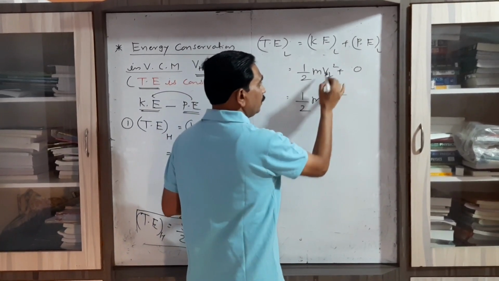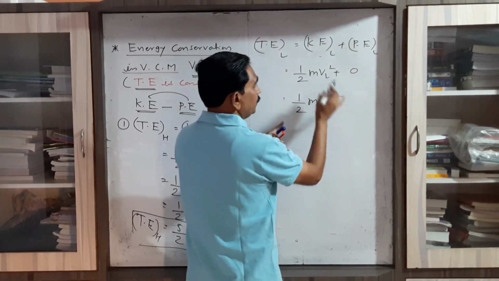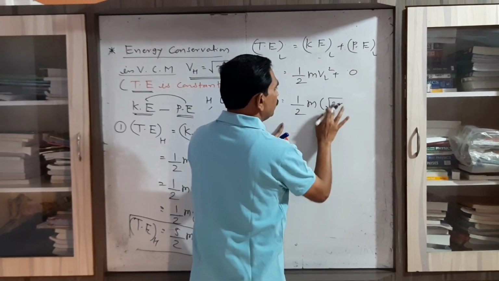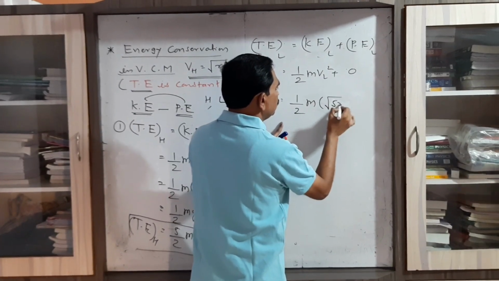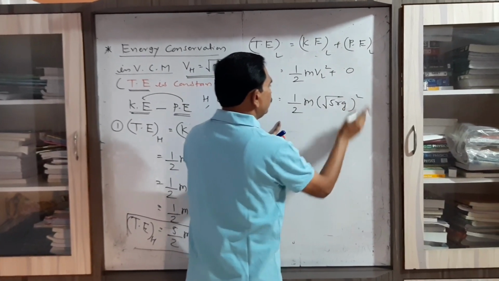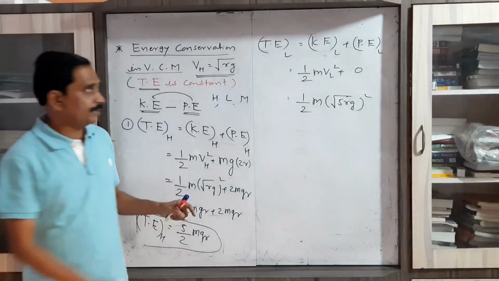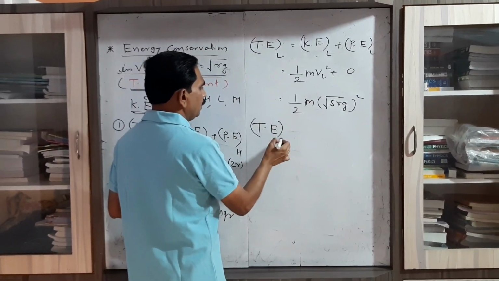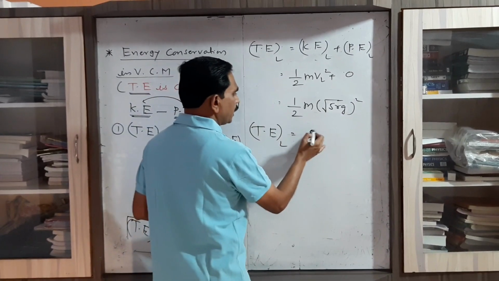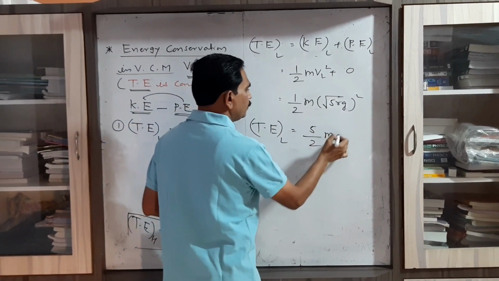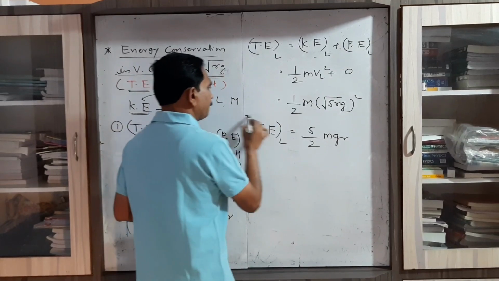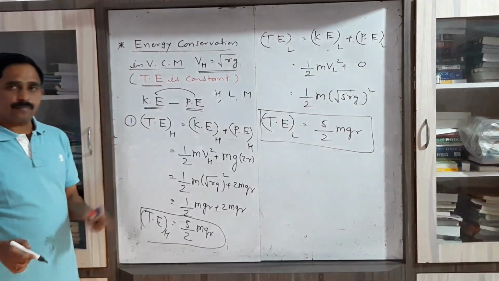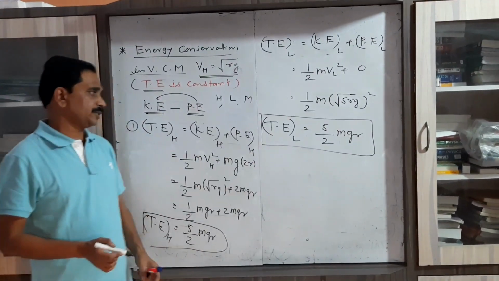Put the value of velocity, that is equal to what? Under root of 5rg, velocity at the lowest position. Now if we simplify it, total energy at the lowest position again becomes 5 by 2 mgr. Now this is the total energy at the second position, that is at the lowest position.